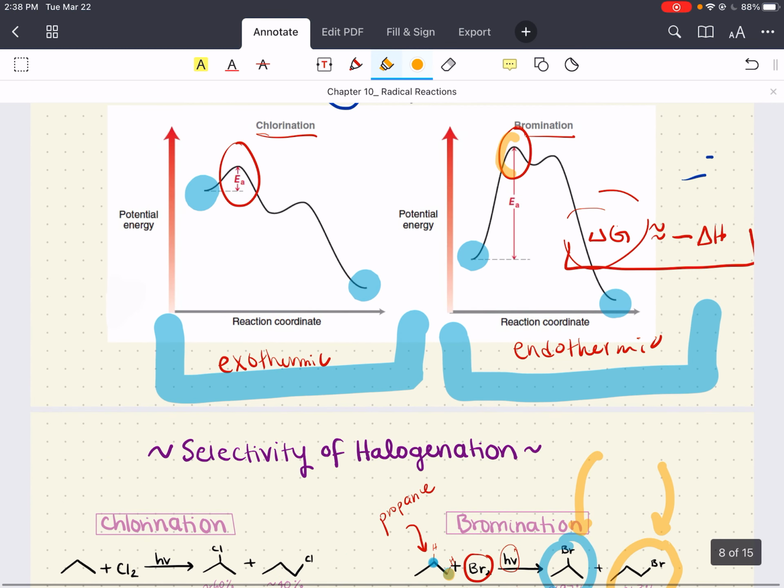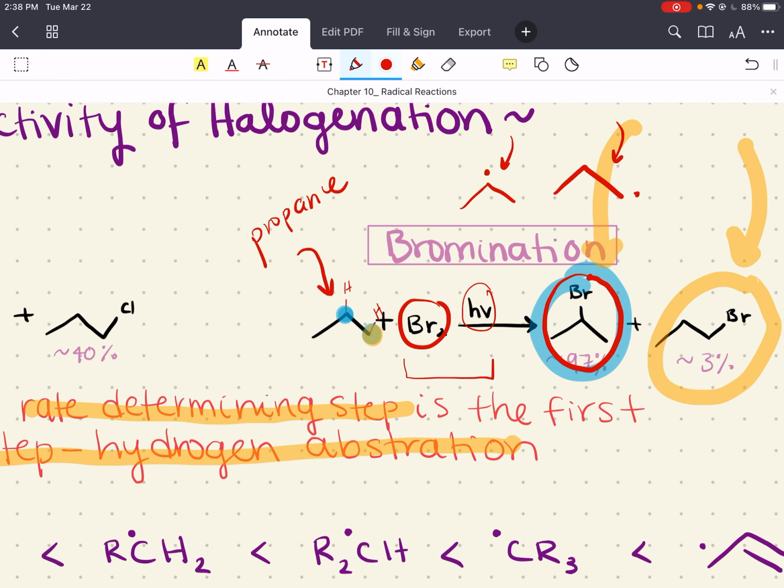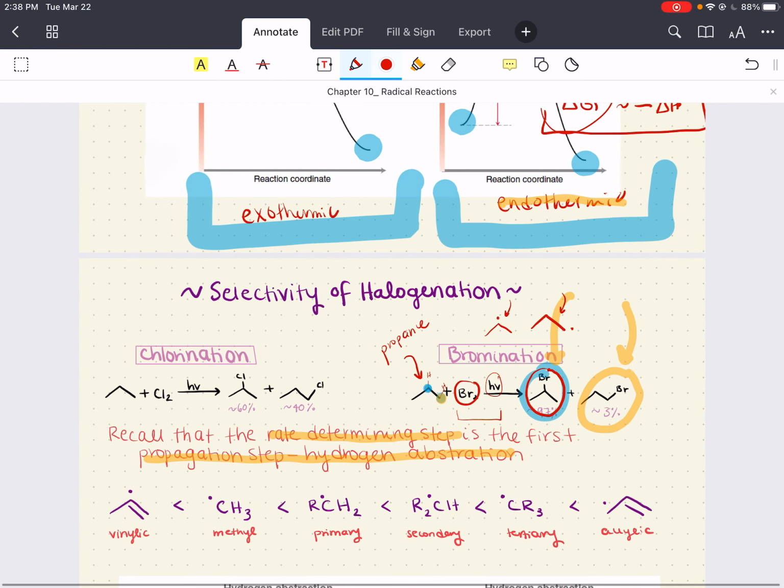For bromine, this rate determining step is much slower and it's endothermic. It's going to prefer this product because it forms a radical that is more stable, a secondary radical as opposed to a primary radical. And because of its endothermic rate determining step, the product obtained from the more stable radical is going to be the major product.